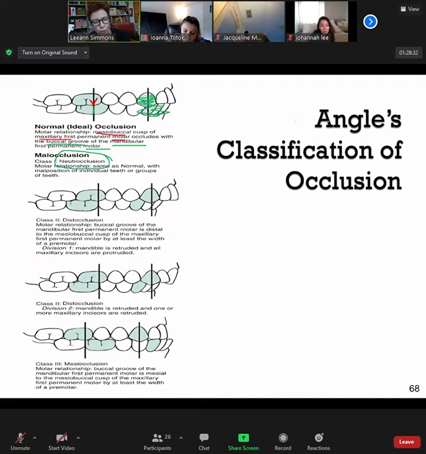There may be a crossbite in the anterior, or just twisting and torsoversions of anterior teeth that are common, but the molars are fine. So that would be a class 1 malocclusion, or class 1 neutroocclusion. Typically, it's called a class 1 malocclusion.